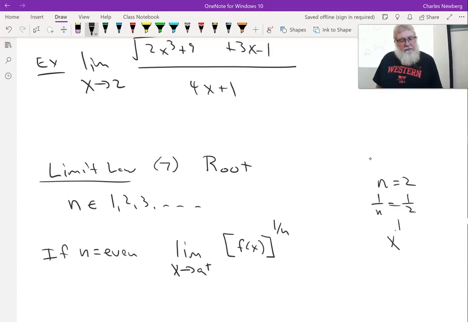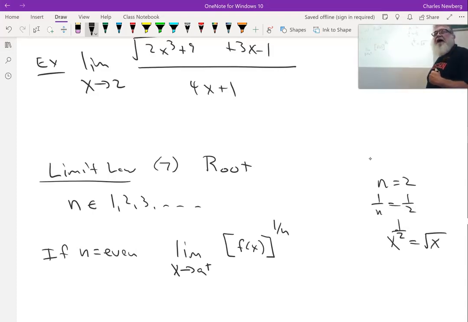If you think about x to the 1/2 power, we're really talking about the square root of x. So this is how we represent a root instead of writing a radical. This could be a cube root, a 5th root, except it has to be even, so this could be a square root, a 4th root, a 6th root, and so forth.